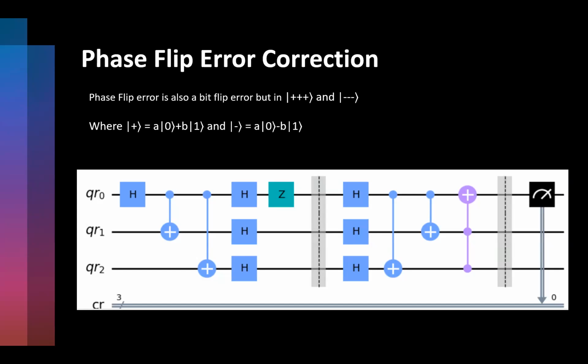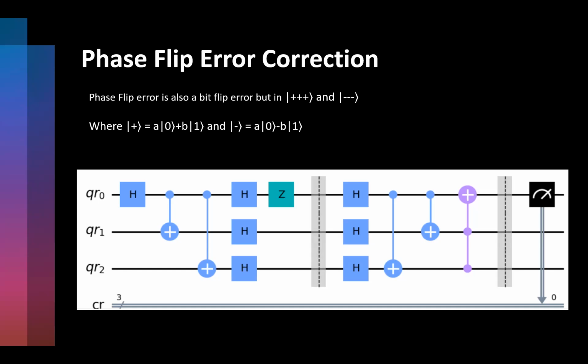In our bit flip correction, we encoded one bit into 3 bits, applying CNOT gates on 0 and 1 and 0 and 2. This is our encoding part. Then we apply 3 Hadamard gates. These convert the 0 and 1 states into plus plus plus and minus minus minus states. So we converted our 0 1 state to plus minus state.